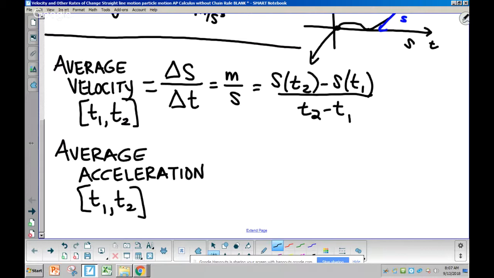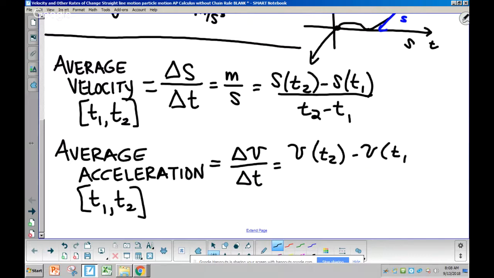We're going to do delta V over delta T. And that would then be V of T2 minus V of T1 all over T2 minus T1.